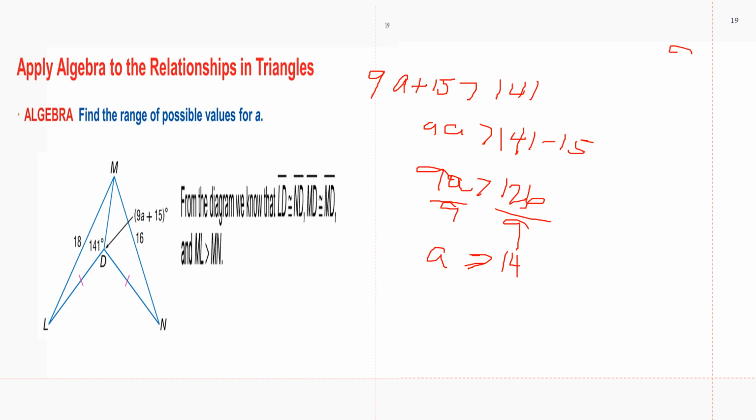So 9 times 14 is 126. 126 plus 15 is 141. Correct, no?